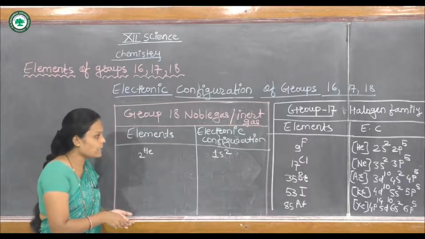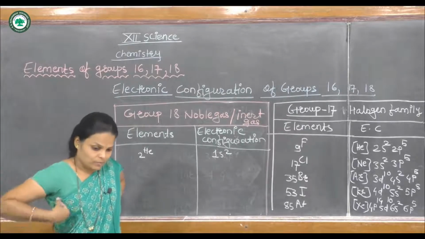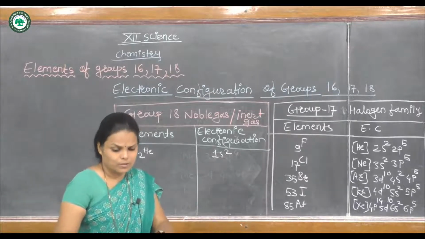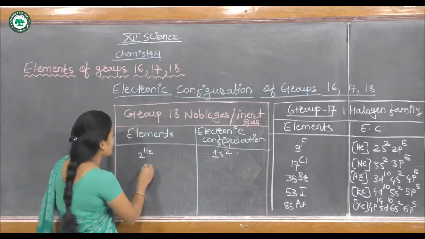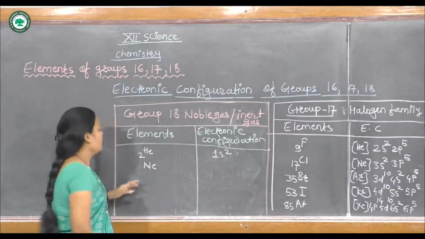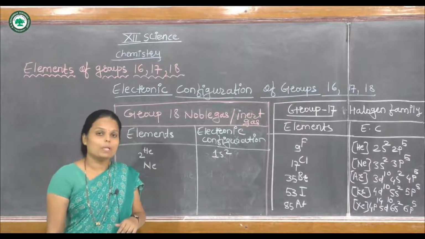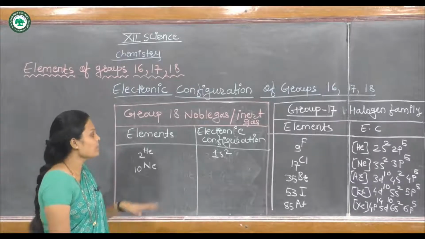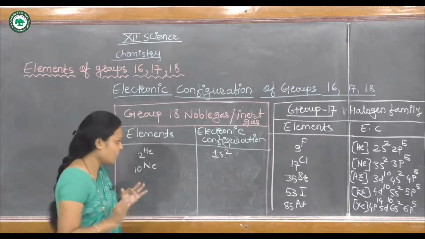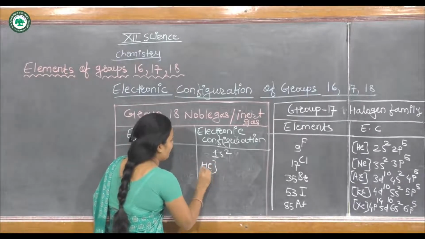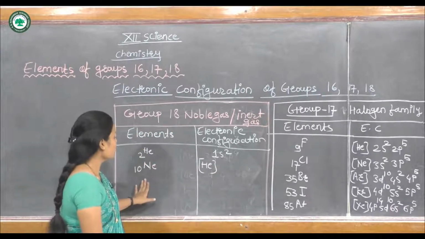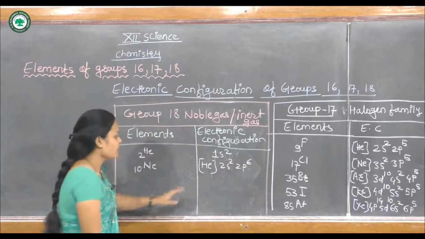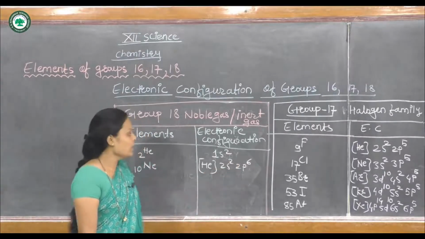Now the next element is neon. Its atomic number is 10, and its electronic configuration is represented by helium, followed by 2s2 and 2p6.